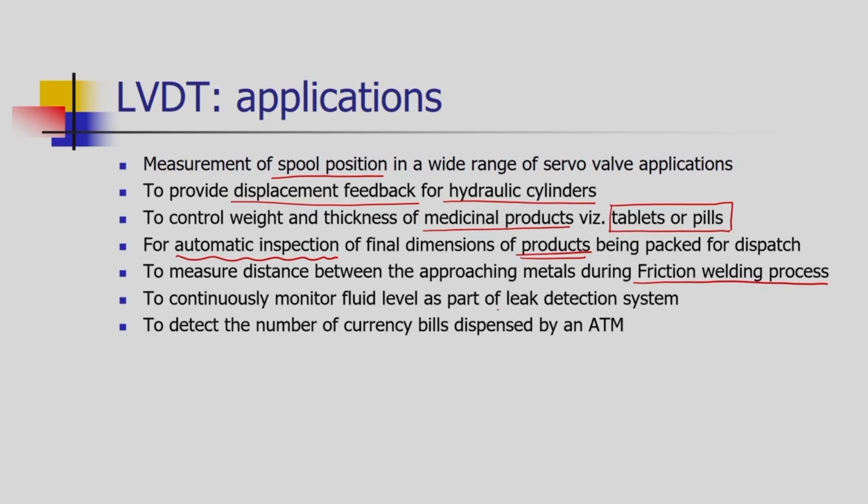Then in leak detection systems as well, the LVDT sensors are used, where we are continuously monitoring the fluid level. In currency bills which are dispensed at the automated teller machines, the number of currency bills to be dispensed is sensed by using the LVDT sensors.